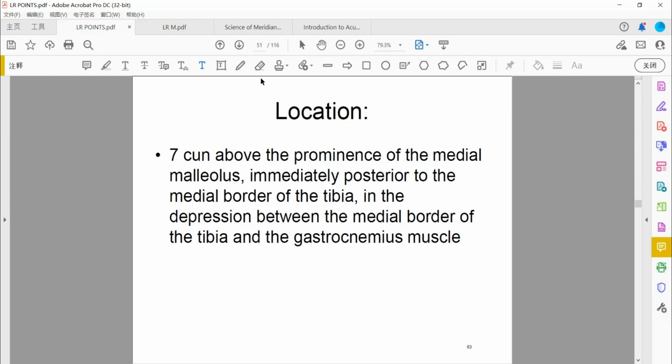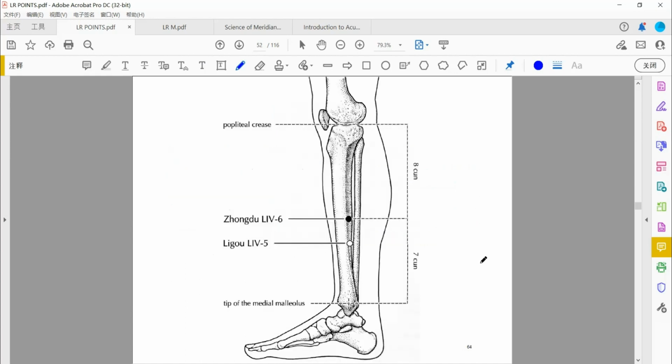So this one, the 7th one, is above the prominence of the medial malleolus, immediately posterior to the medial border of the tibia, in the depression between the medial border of the tibia and the gastrocnemius muscle. So Liver 5 is the 5th one, Liver 6 is the 7th one.